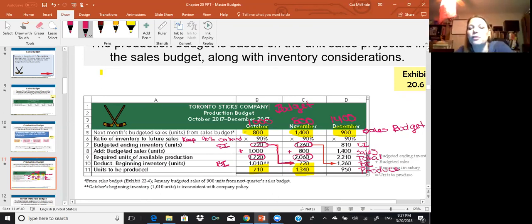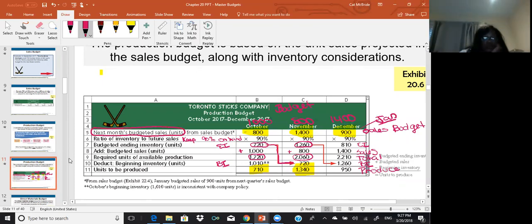And then this 900 would be for the 800 goes here. This 900 would be for January. Okay. Because what you're planning here is... Got it.